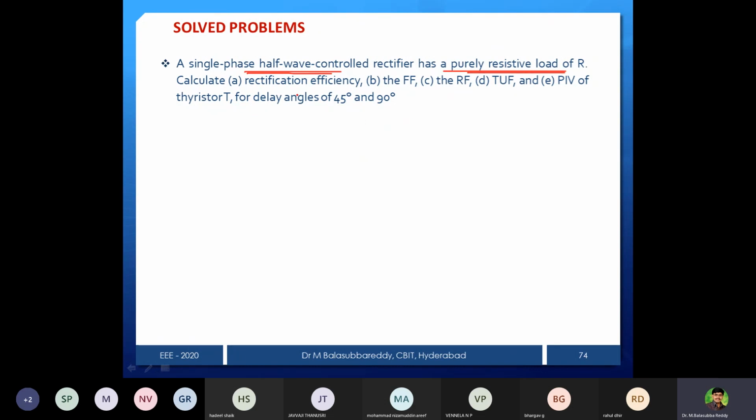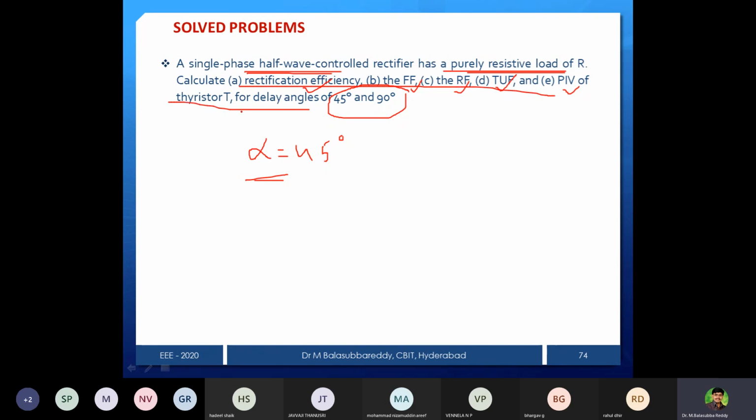Then calculate rectification efficiency, form factor, ripple factor, transformer utilization factor, and peak inverse voltage of the thyristor for these two alphas. At alpha equal to 45 degrees, you need to find all the parameters.